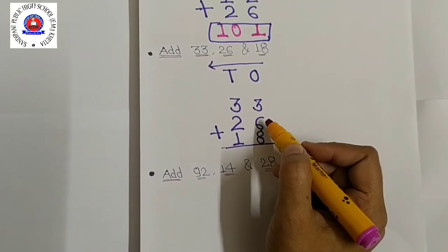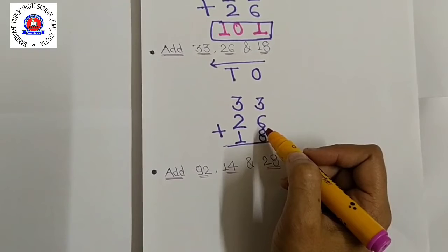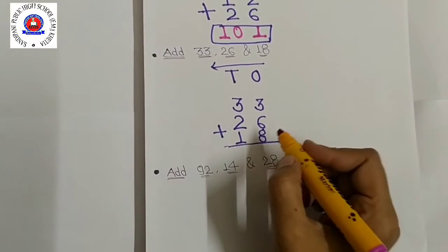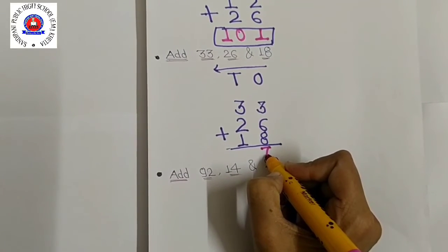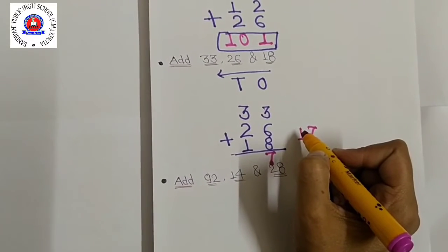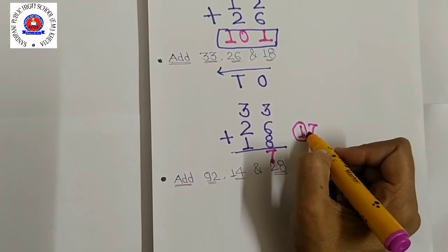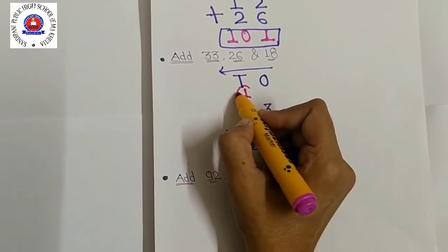Very good. And 9 plus 8. Count fast. 17. Very good. So write here 7 in the ones column and carry 1. Carry over 1 ten to the tens column.